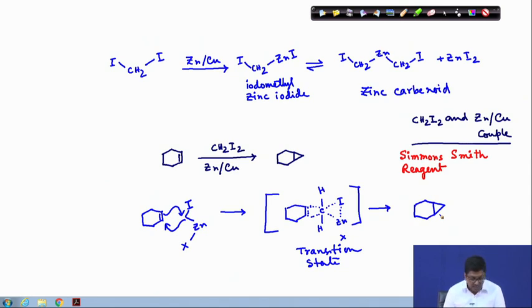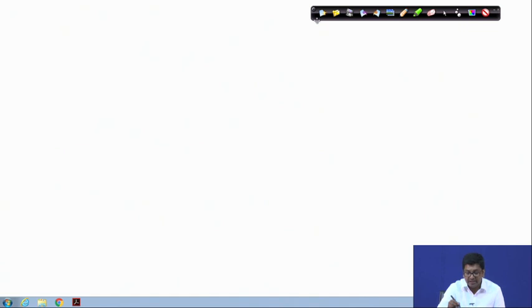Okay. So, next we will check some examples for these Simmons-Smith reactions. We have seen how a normal olefin can give the corresponding cyclopropane. Now, it is very interesting if there is some allylic alcohol.